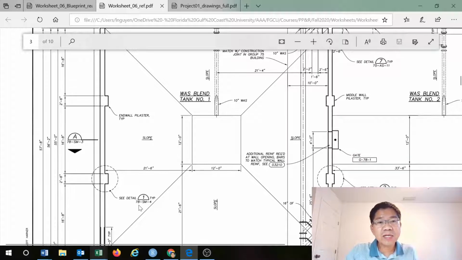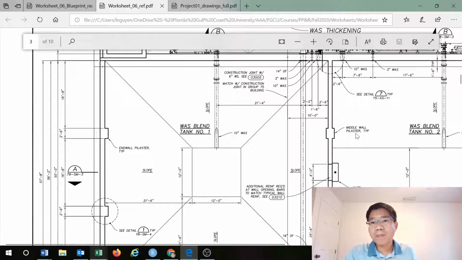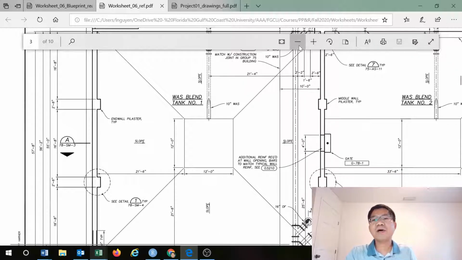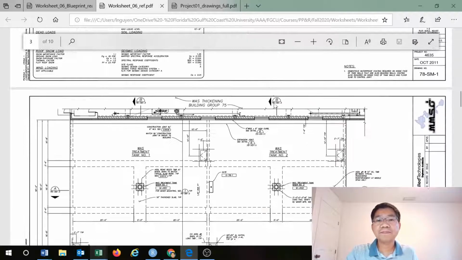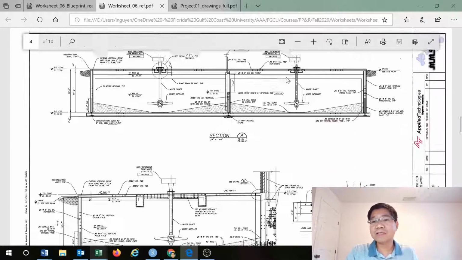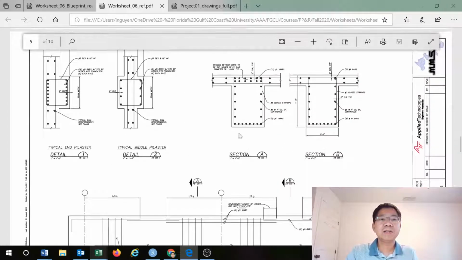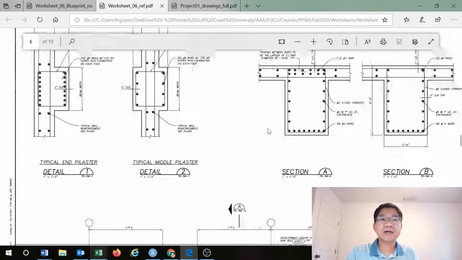Go to the detail 78 SM4 detail 1, and then the middle wall pilaster. It also reinforces the middle wall, and for that go to detail 2 in drawing SM4. So we can do that here. Go to SM4, and details 1 and 2 here, and we have that detail.